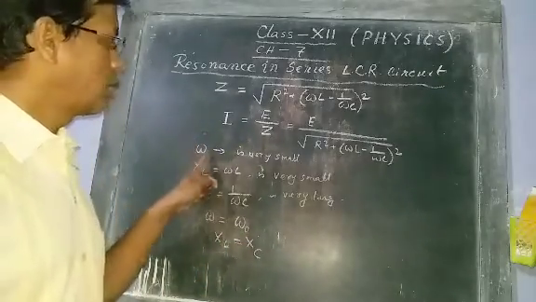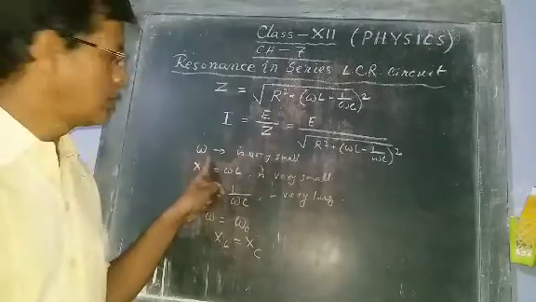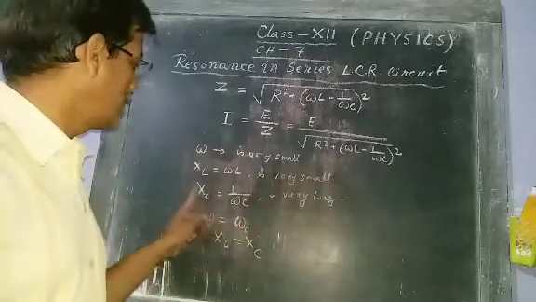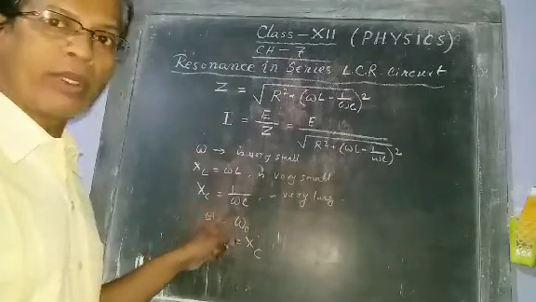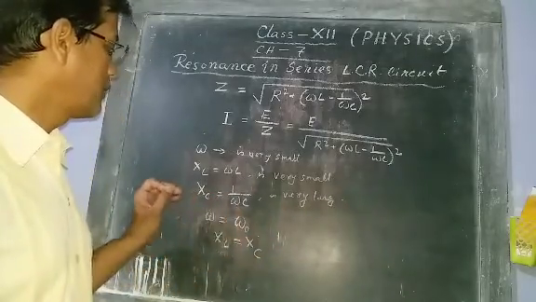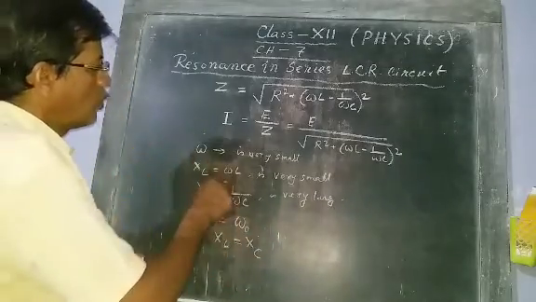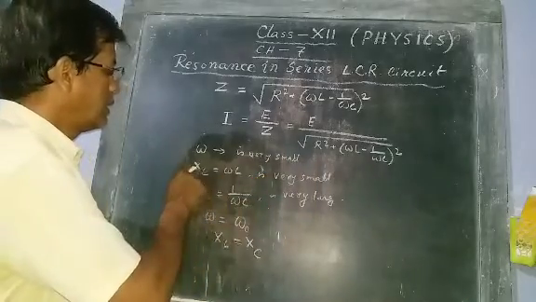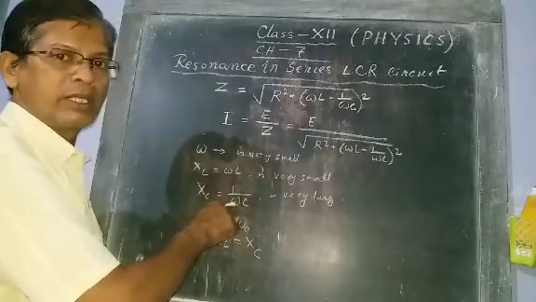When angular frequency is very small, then XL is very small, but XC is 1 by omega C, it will be very large. Now you see, if omega increases gradually, XL will increase and XC will decrease.